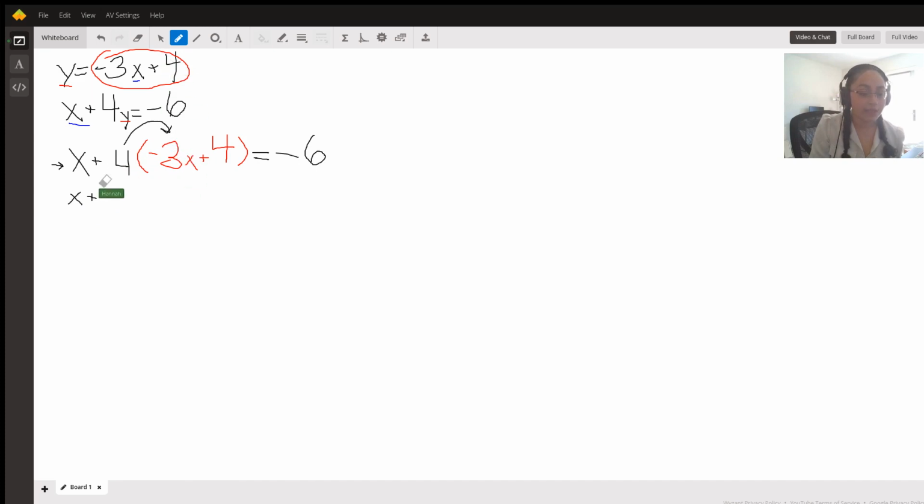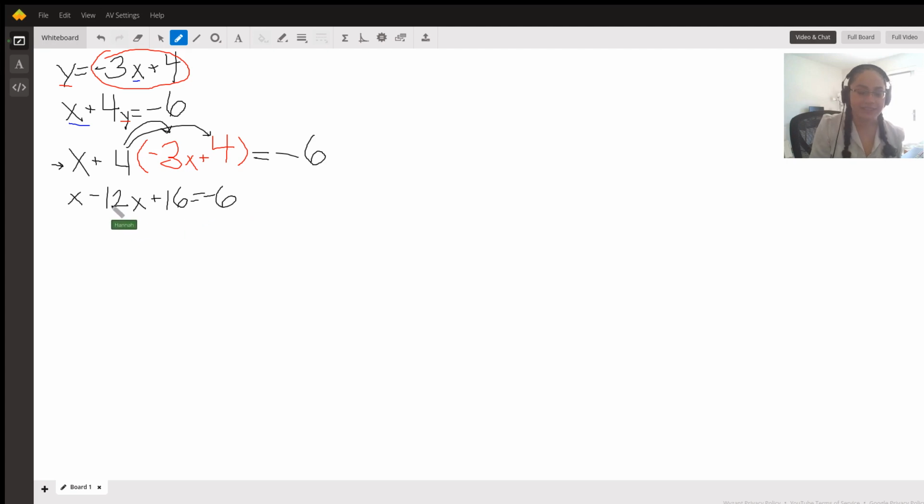So instead of plus, we're going to put minus because 4 times negative 3x is negative 12x. So minus 12x. Now, 4 times 4 is 16. Since it's positive, we're going to add it. So plus 16 equals negative 6.